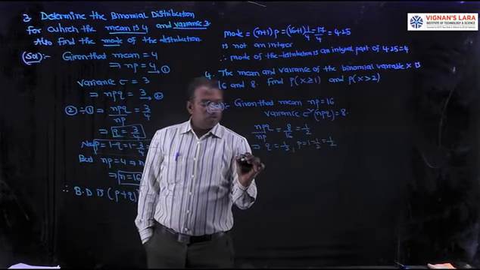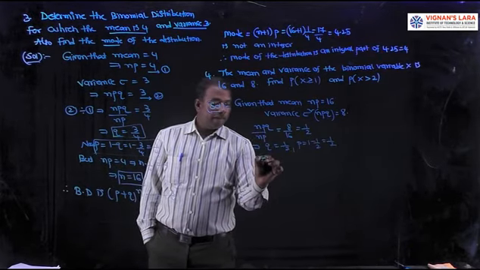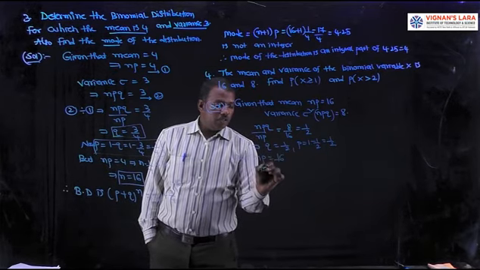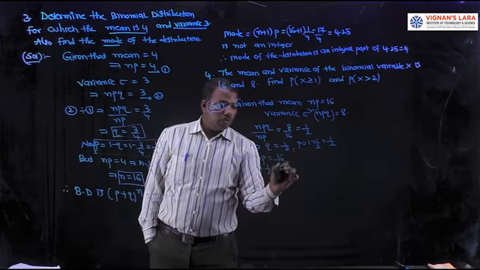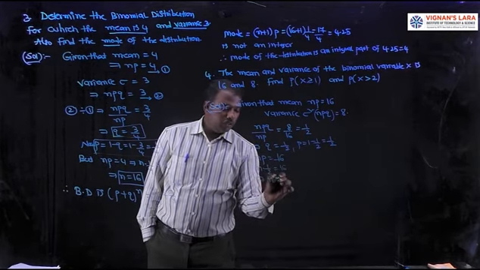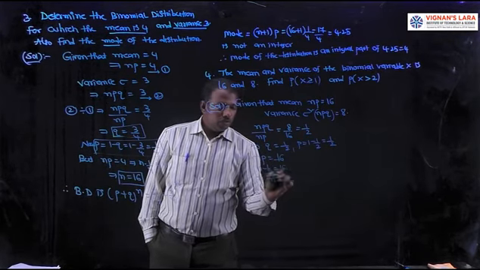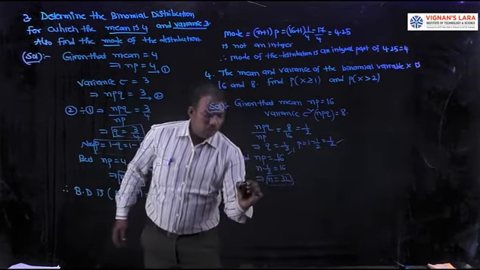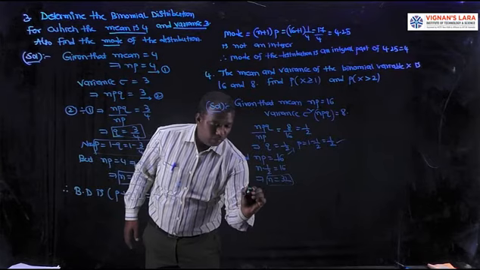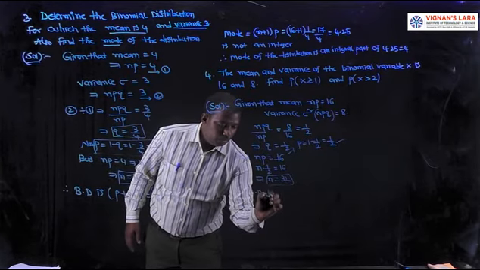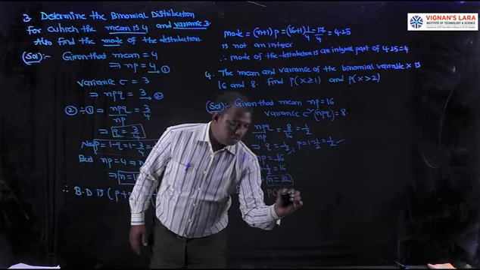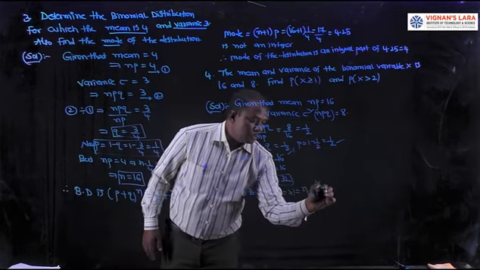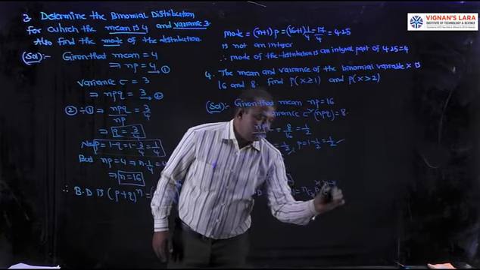And np is equal to 16, in which the p value is 1 by 2. So what about n? It is 32. So we know the values of n, q, p. So what is the binomial distribution? By the binomial distribution, P of X equal to x is nCx, p power x, q power n minus x.